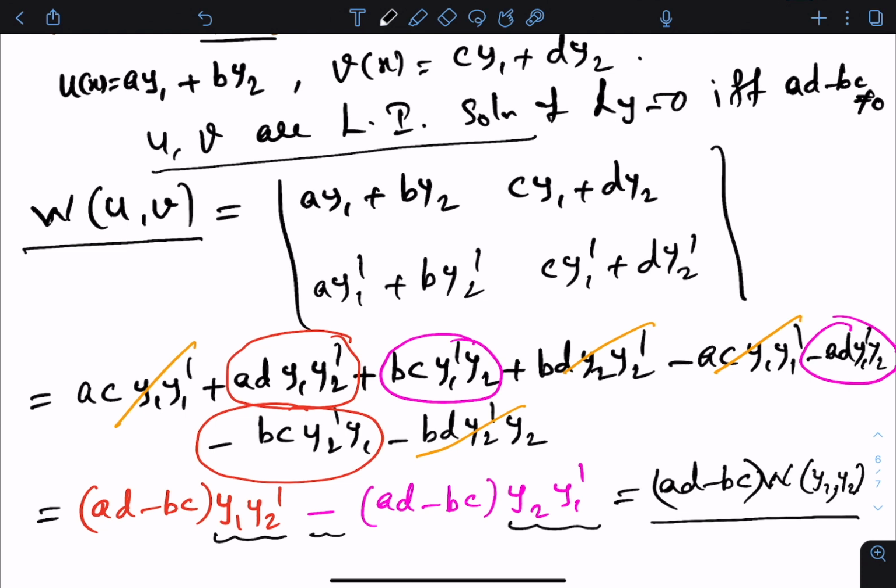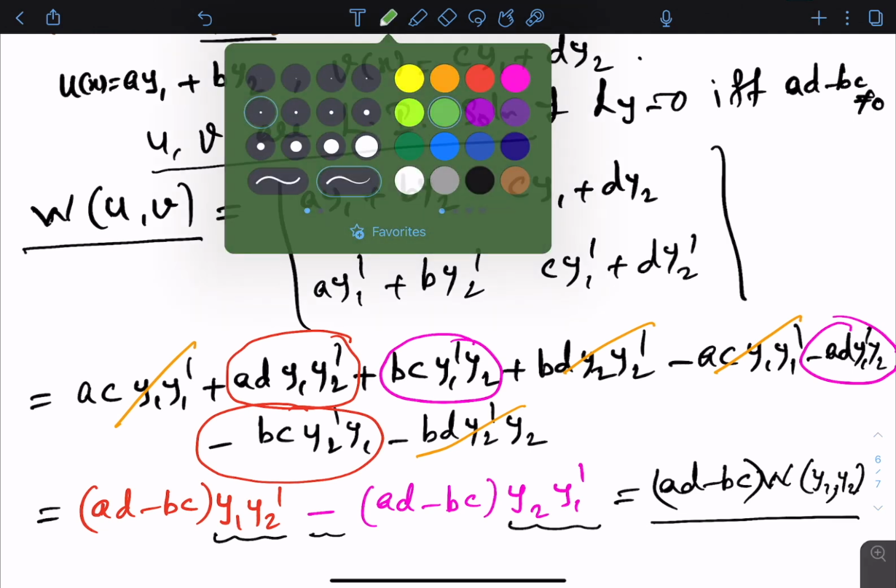So if this U and V have to be linearly independent solutions, that means the Wronskian of U V has to be non-zero, right? But Y1, Y2 are already given to be linearly independent, so this Wronskian is anyway non-zero.